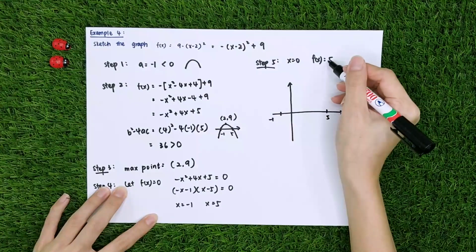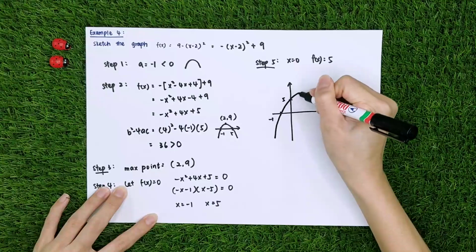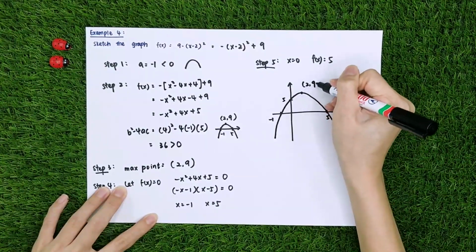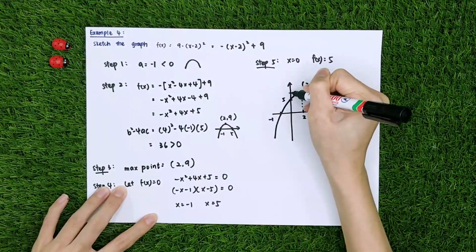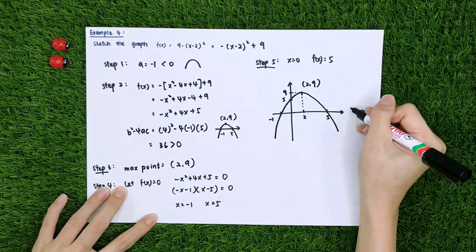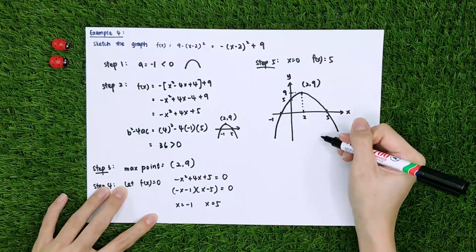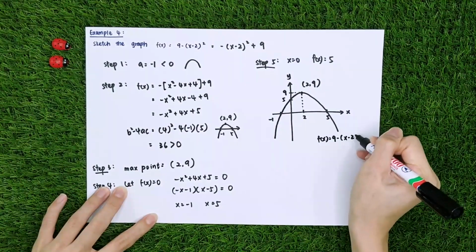When x equals 0, f(x) equals 5. My maximum point will be here, which is (2, 9). Here is the 2 and here is the 9. Do remember to label your x-axis and y-axis and give the name to the graph, f(x) = 9 − (x − 2)².